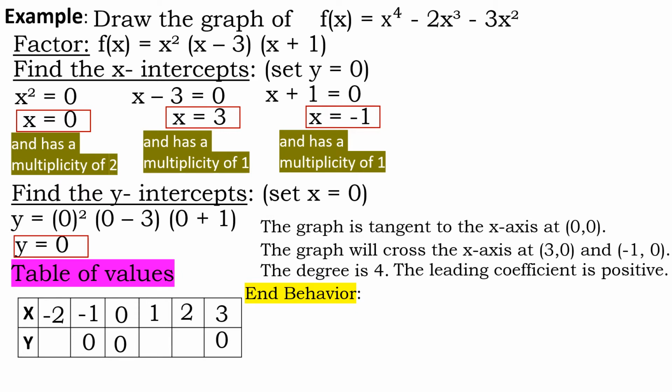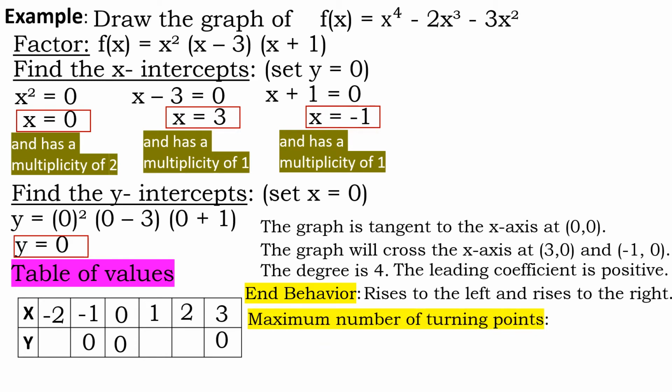So, for the end behavior, if the degree is an even number and the leading coefficient is positive, the graph rises to the left and rises to the right. The maximum number of turning points: since the degree is 4, the maximum number of turning points is 4 minus 1, so it is equal to 3.